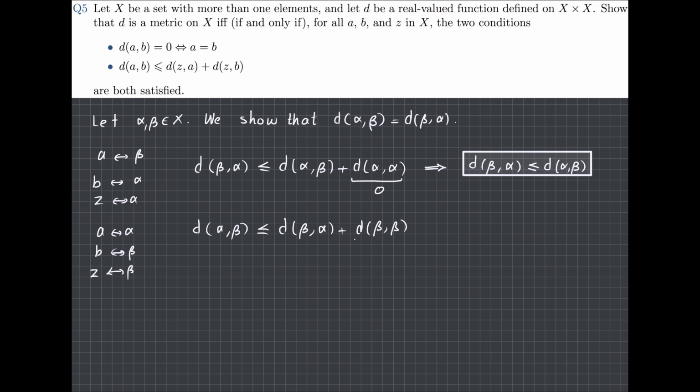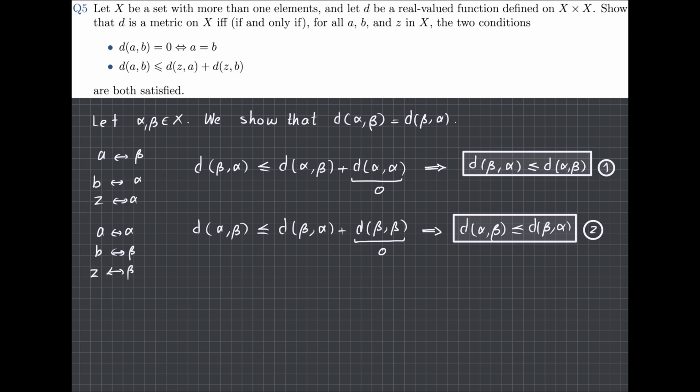But again, you see that because of the first property, this is 0, and then what I can conclude is that D alpha beta is less than or equal to D beta and alpha. Okay? So this is number 1, and this is number 2.